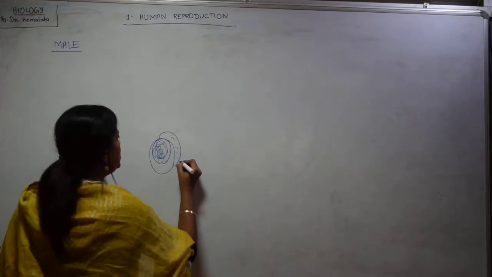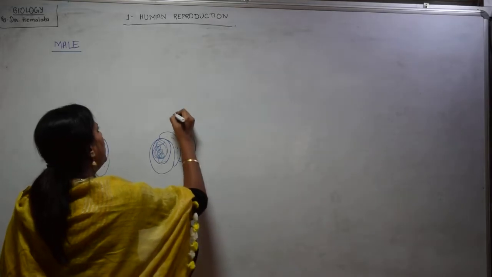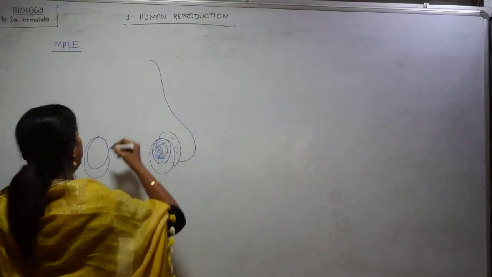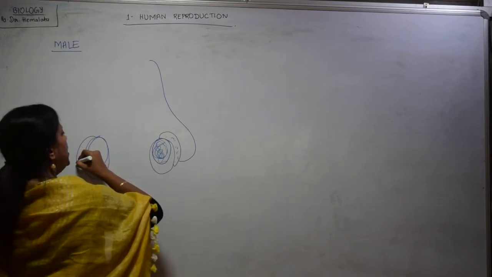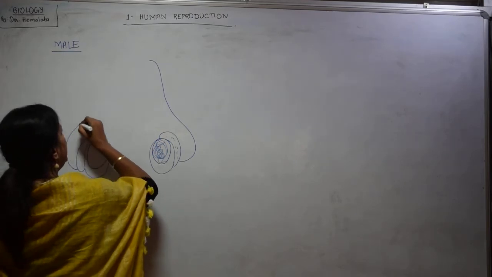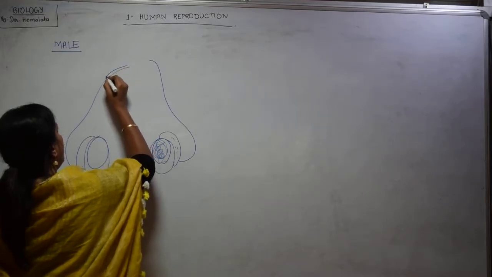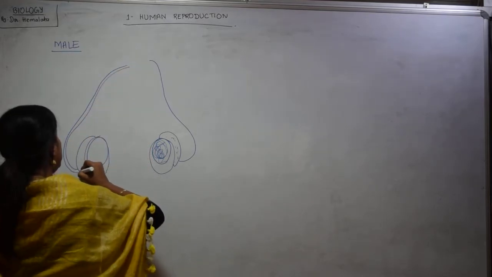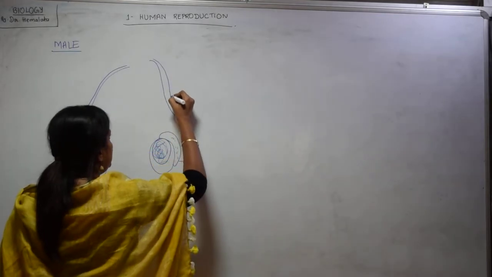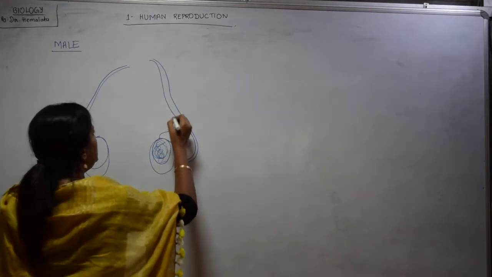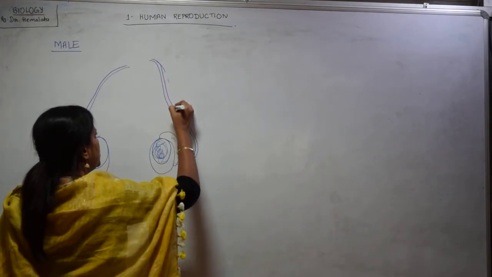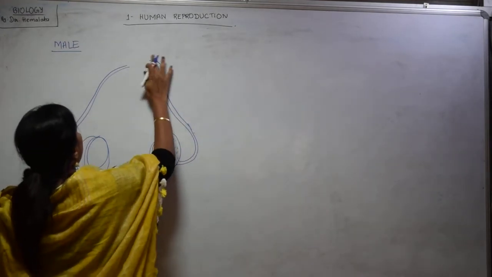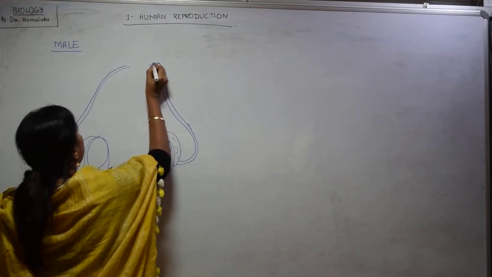This epididymis will move upwards like this, both sides, and this is how it is entering. And this is the vas deferens. Singular is vas deferens, plural is vas deferentia. Make it a thin tubular structure like this.